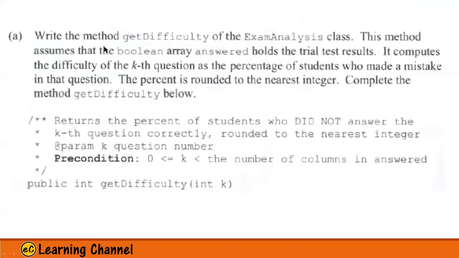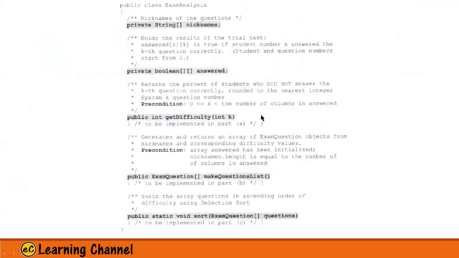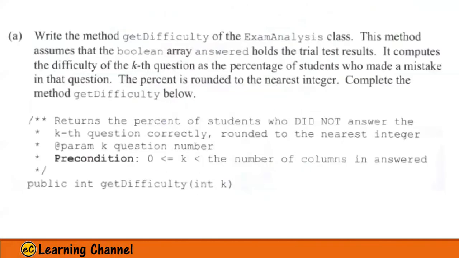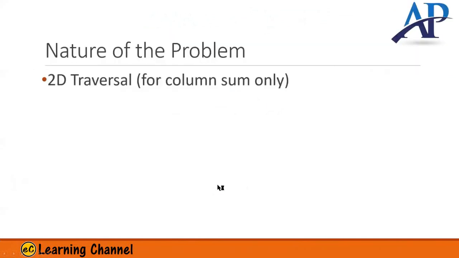The next one, write a getDifficulty from exam analysis. So in the exam analysis, you get the answers from this answer array, and then we check how many are correct and how many are errors, and then we can get the difficulty.